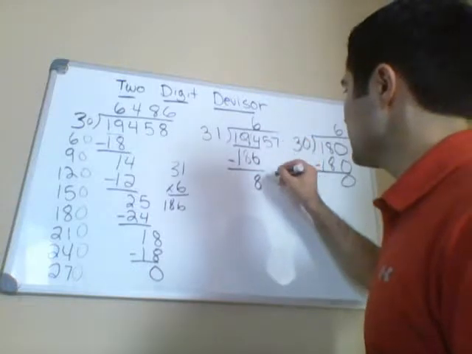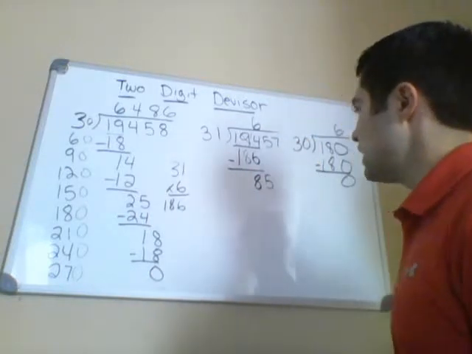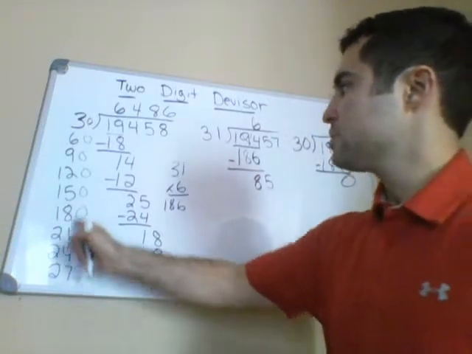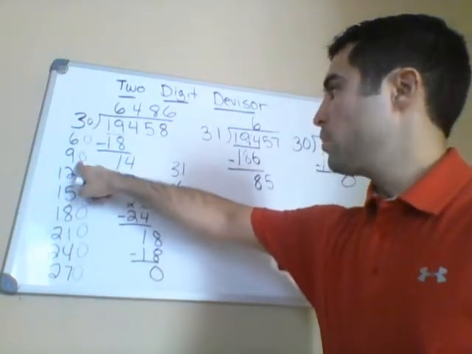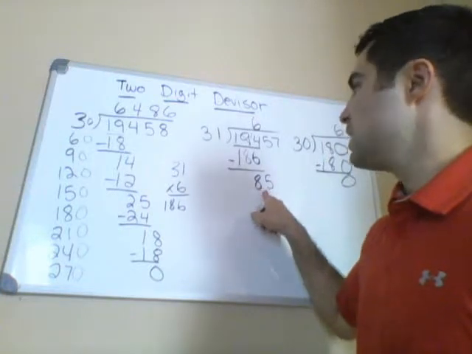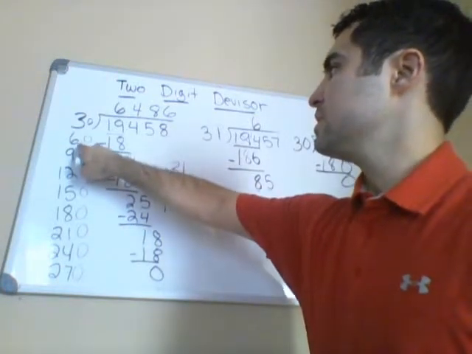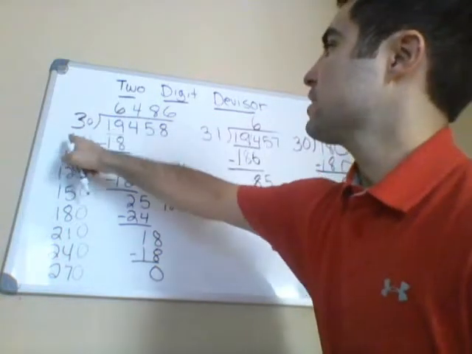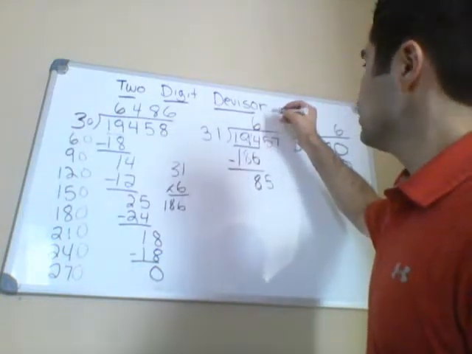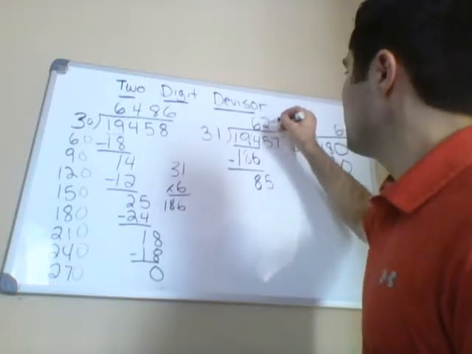Now the next step is to bring down. Okay, 85. 85 is close to which one of these factors over here? It's close to 90, but we want a factor that's less than 85. So 60 is going to be less than 85. And that's the second factor down. So we're going to put a 2 above the 5.